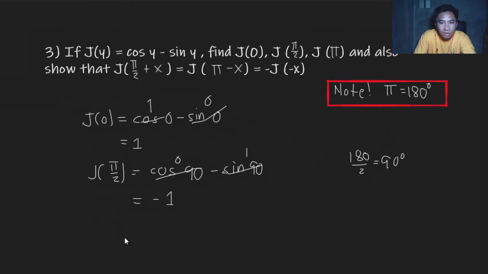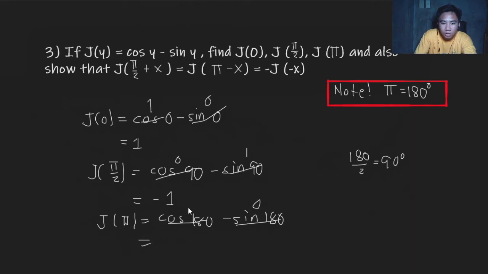And the last, j of pi: magiging 180, so cosine 180 minus sine 180 degrees. Ang value nito is negative 1 and 0, so our answer will be negative 1.